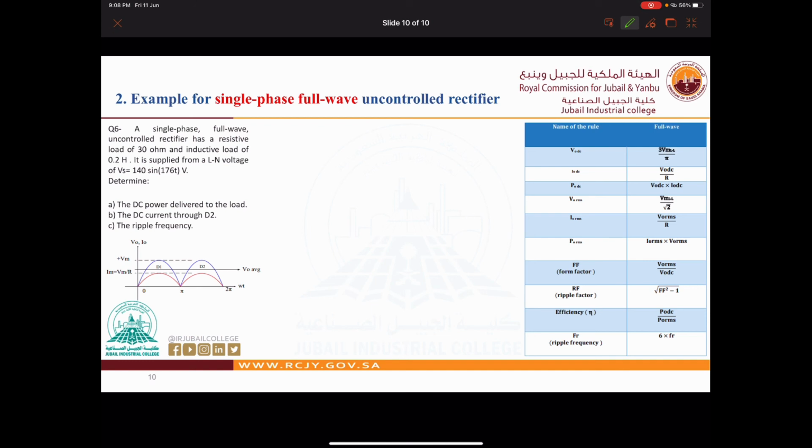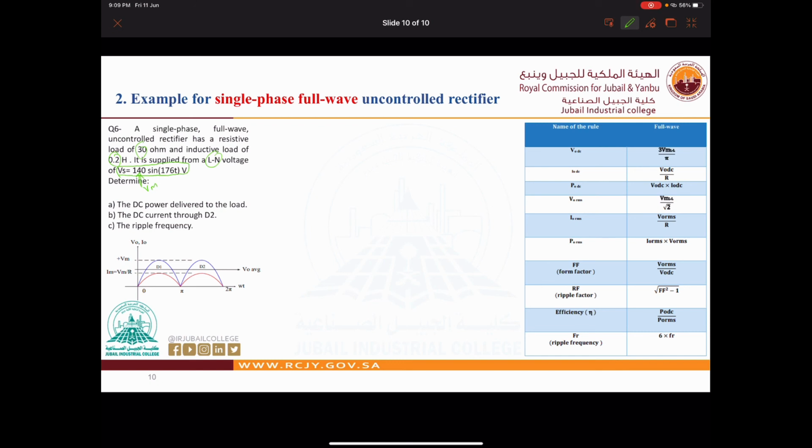Okay, he said a single phase full wave uncontrolled rectifier has a resistive load of 30 ohm, inductive load of 0.2 Henry, and it supplies from line to neutral. This is the form of the supply voltage. So it is 140 sine omega t. Omega is 176, and 140 is here, shabab, V maximum. Right? This is V maximum.